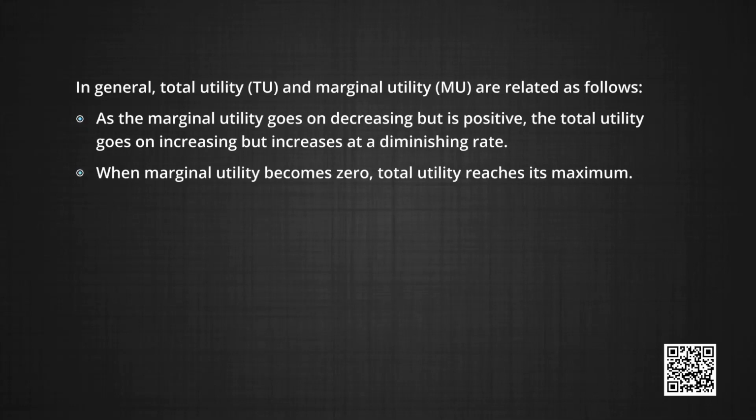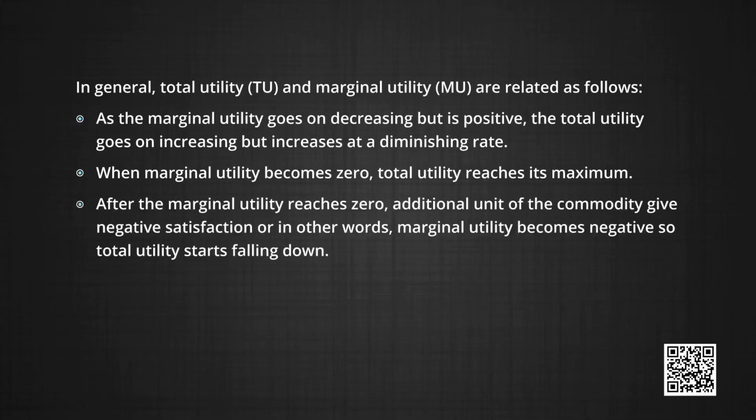When the marginal utility becomes 0, total utility reaches its maximum. After the marginal utility reaches 0, additional units of the commodity give negative satisfaction. Or, in other words, marginal utility becomes negative, so total utility starts falling down.